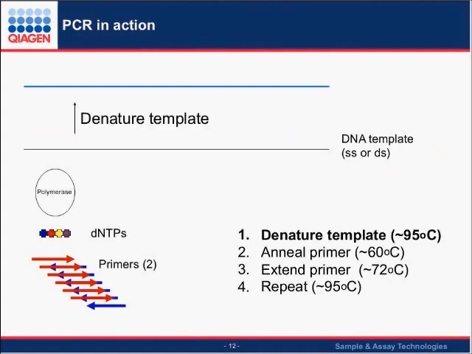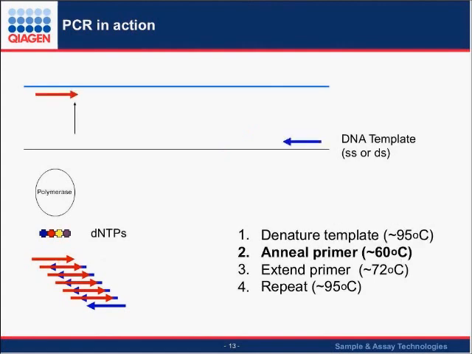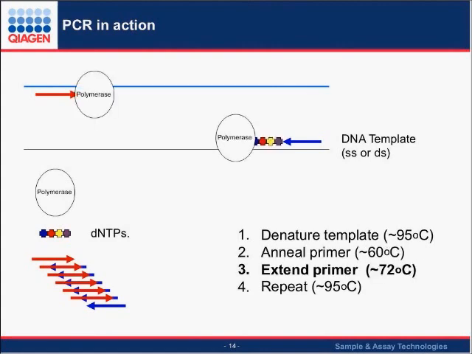Okay, so what does this look like? We denature the template, which separates the strands. That allows access to the template for the primers, so the primers can bind. Here we have the primers binding and annealing. You need to lower the temperature to get the primers to actually anneal to the DNA. And then we extend the primer at 72 degrees.